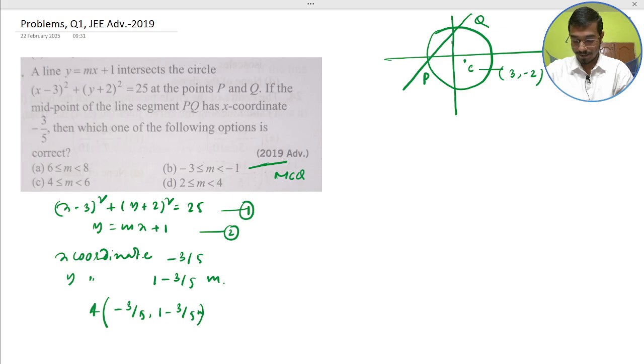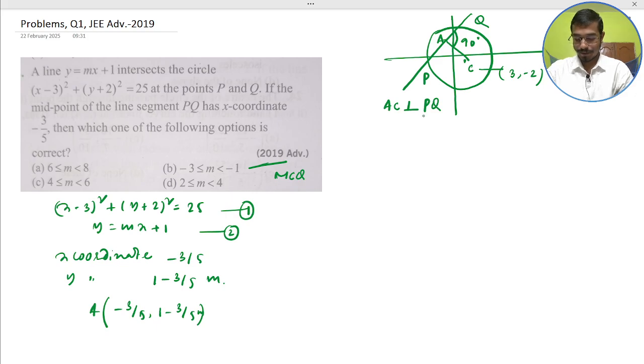And that is basically C perpendicular to this point. This is A, this is the 90 degree. So from the diagram, AC is perpendicular to PQ.